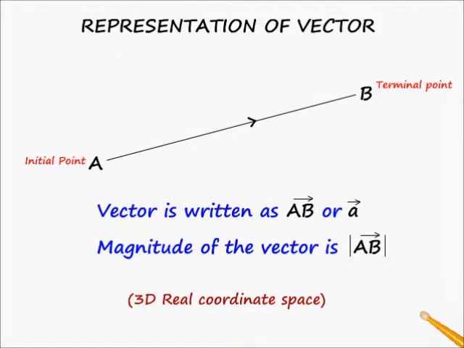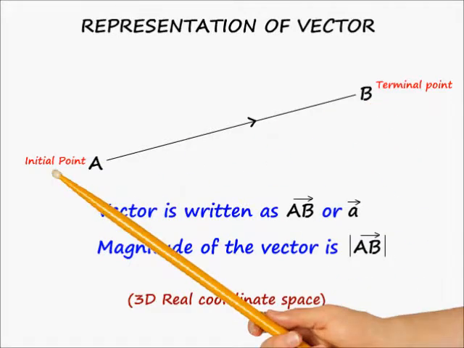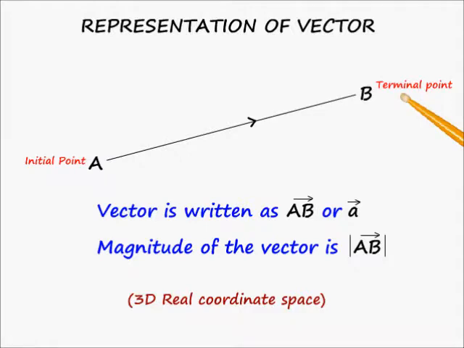A vector is drawn in three-dimensional real coordinate space by drawing a line, or better if we say by joining 2 points, as we have joined 2 points A and B over here. Out of these 2 points, one is called the initial point and the other is called the terminal point.